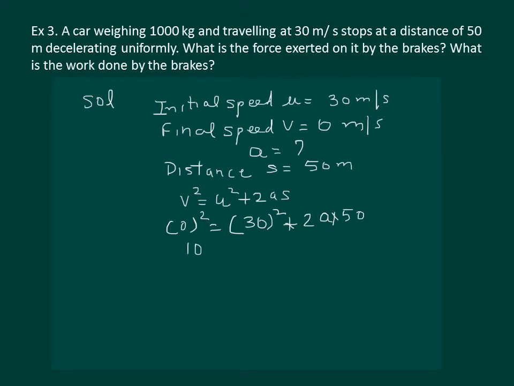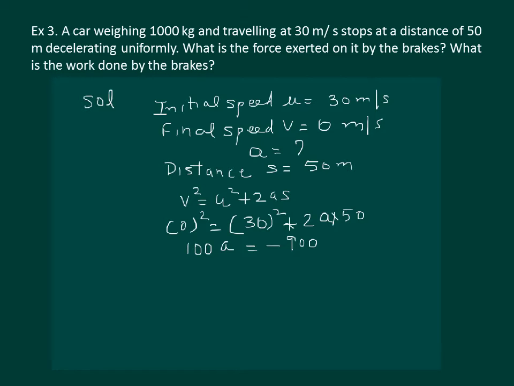So 2A into 50 is 100A, and 30 square is minus 900, because we shift it from left to right.